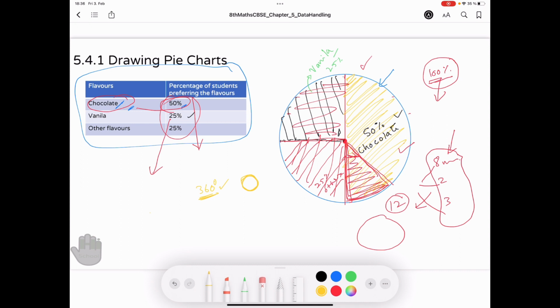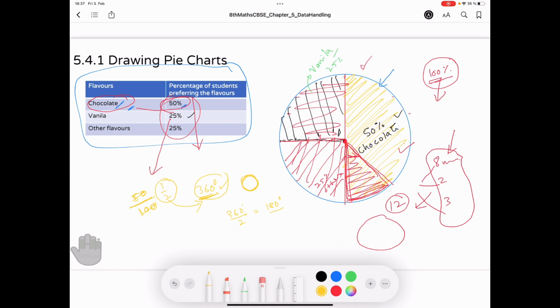Because 50 is 50 from 100, so we got 50%. And 50 divided by 100 is nothing but 1 by 2. So 1 by 2 of the complete 360 degree circle is 360 divided by 2, which is 180 degrees.